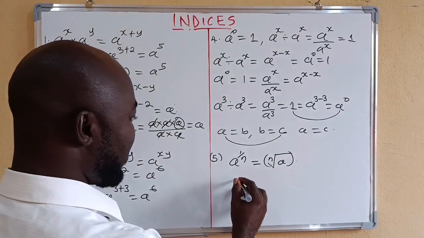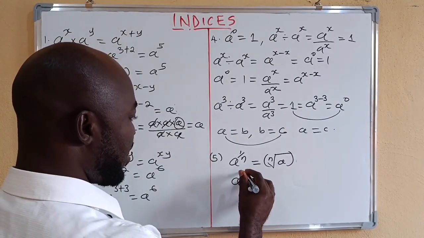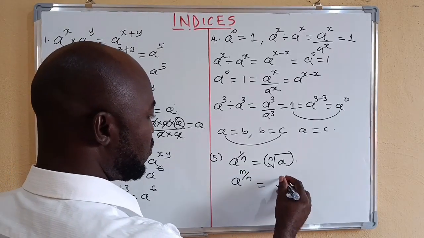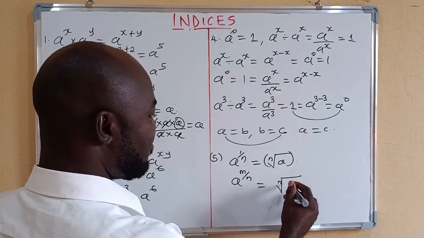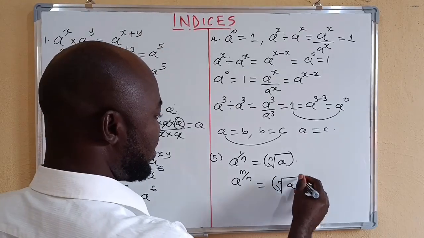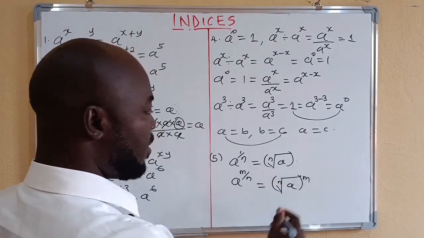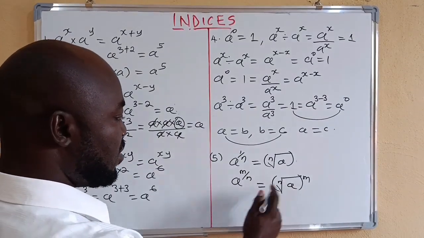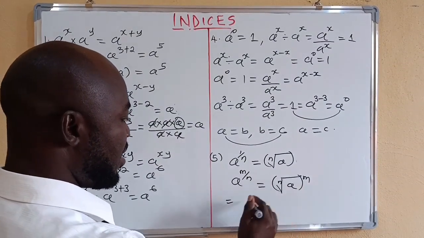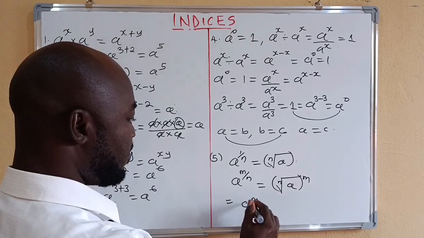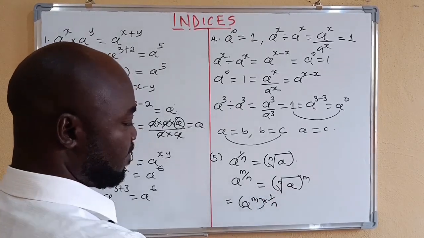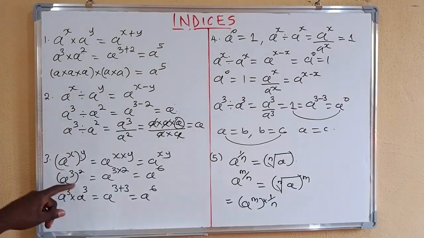What that means is, if I have A to the power m over n, I'll have my root being n, I'll have my A in the bracket, then I'll raise everything to power m. And so if I want to rewrite this, this will become A to the power m multiplied by 1 over n. Okay, so remember this law here.